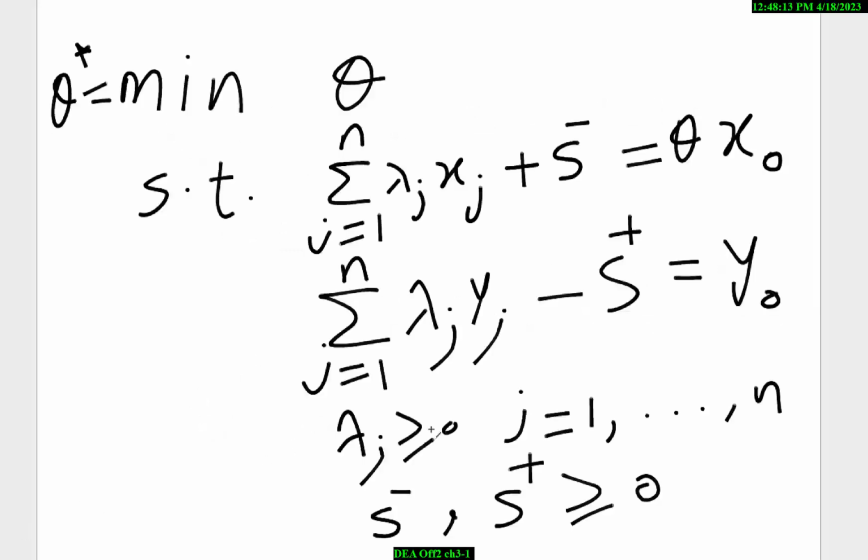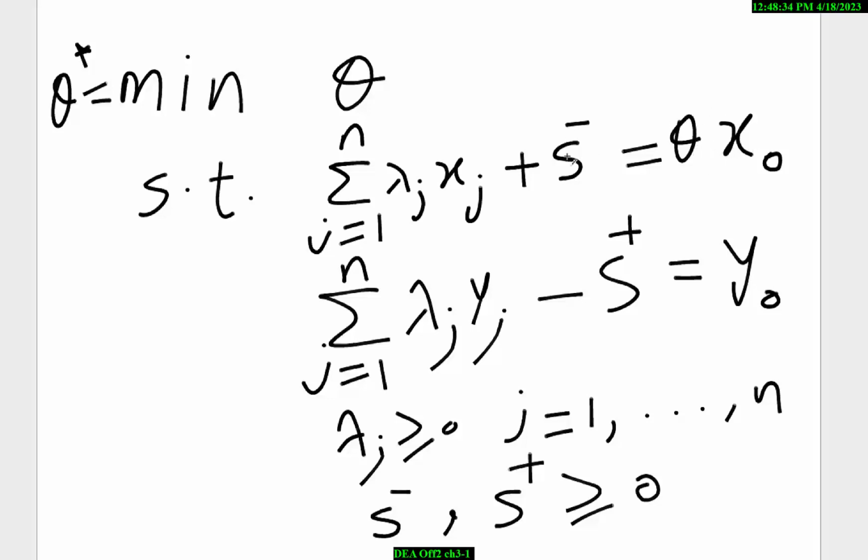We can also show that theta star is bigger than 0, since theta cannot be 0 here, since if we put theta equal to 0 here it will be 0.